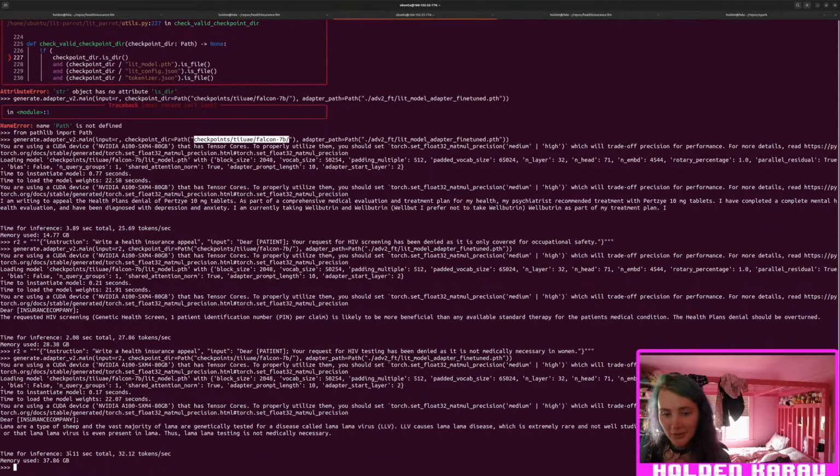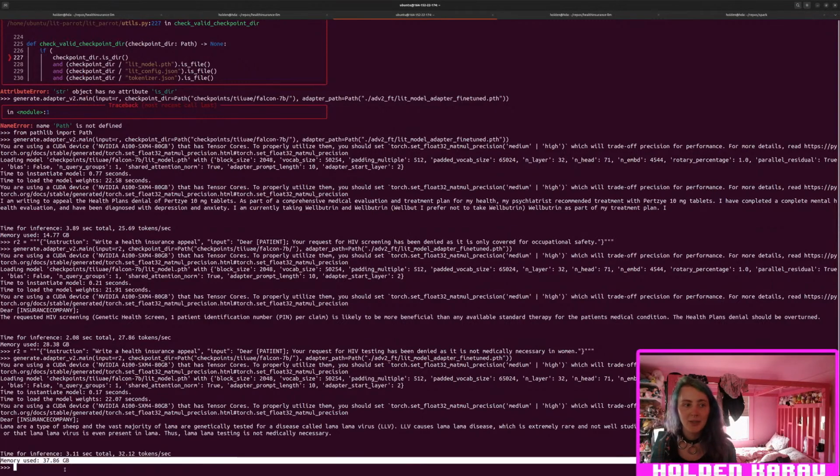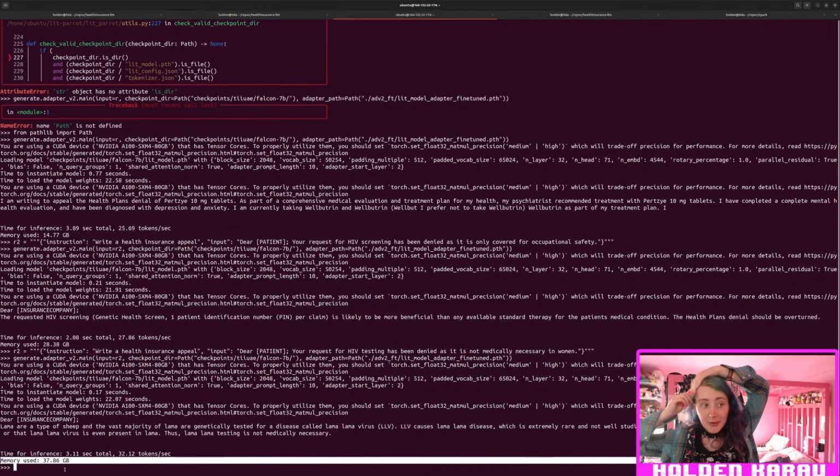Inconveniently, we're seeing a memory used of 37 gigs, and so we could definitely use this quantized on a consumer card.